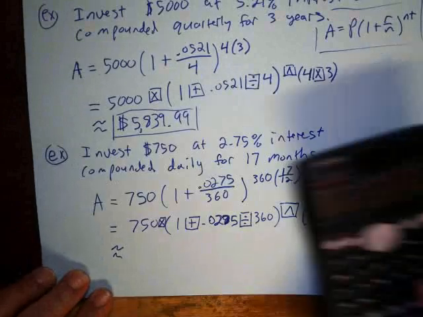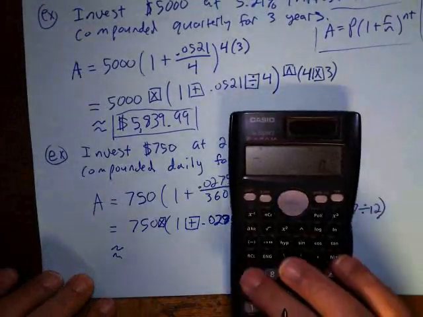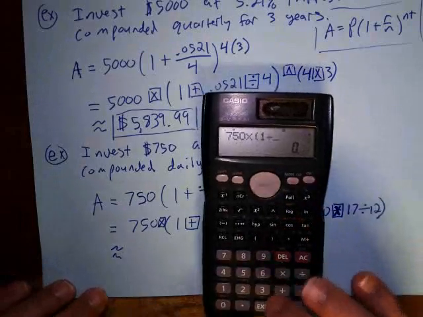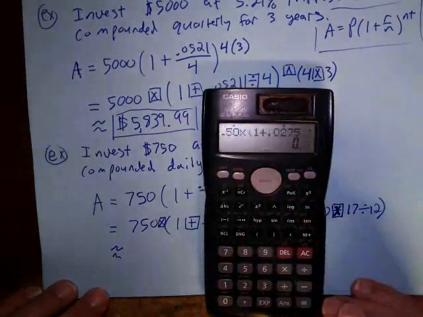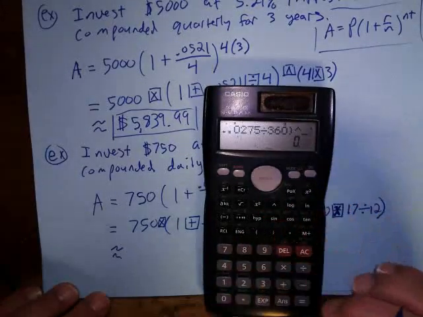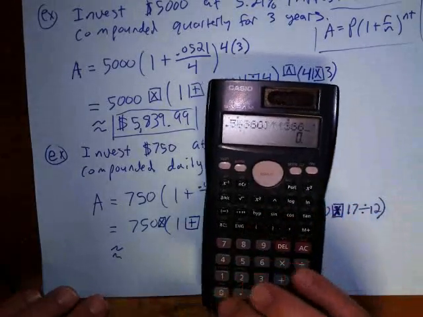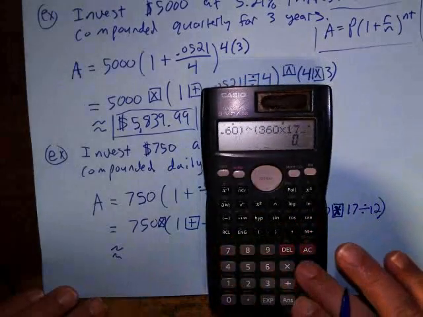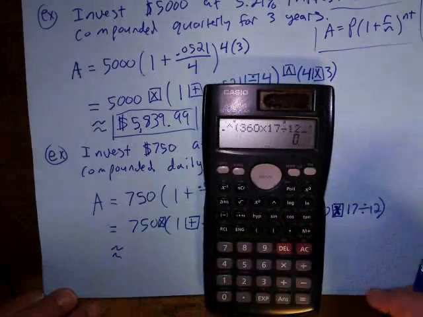So, putting this in my calculator, it'll be 750 times 1 plus 0.0275 divided by 360 raised to the 360 times 17 divided by 12.